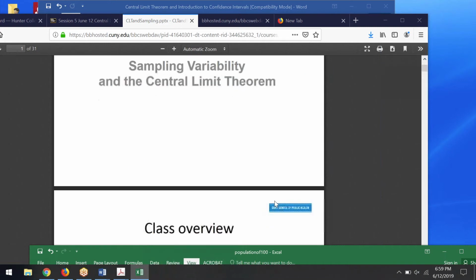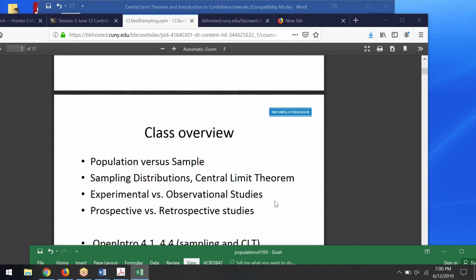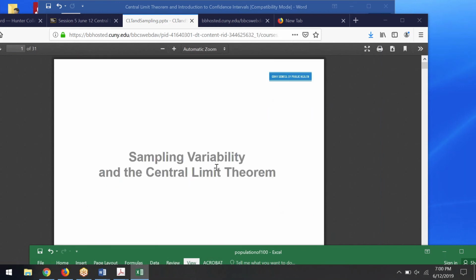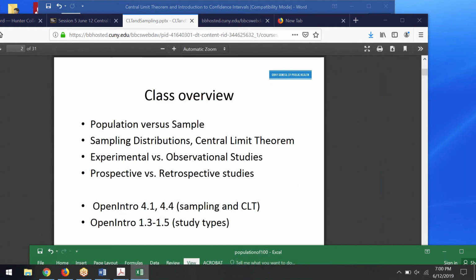The central limit theorem is what allows us to understand the relationship between the population mean and standard deviation and the distribution of samples from that population based on different sizes. There is a different sample distribution for a given population for every different sample size.